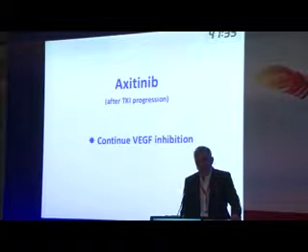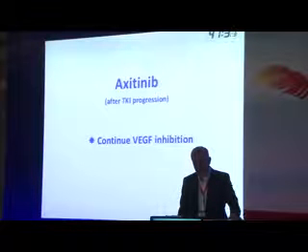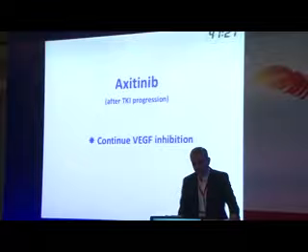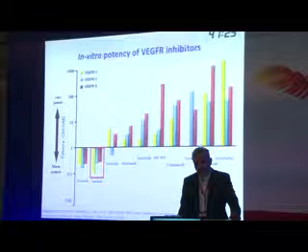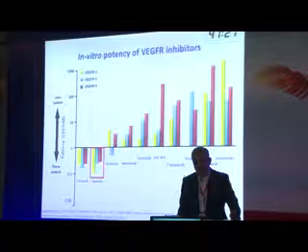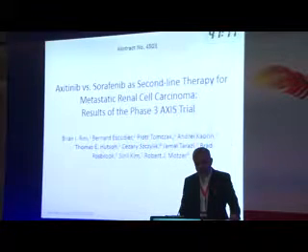The axitinib, as we mentioned, was the first drug approved beyond VEGF progression, after sorafenib, and mainly because it is a second generation and the efficacy of inhibition on VEGFR2 was stronger than the first generation receptors.